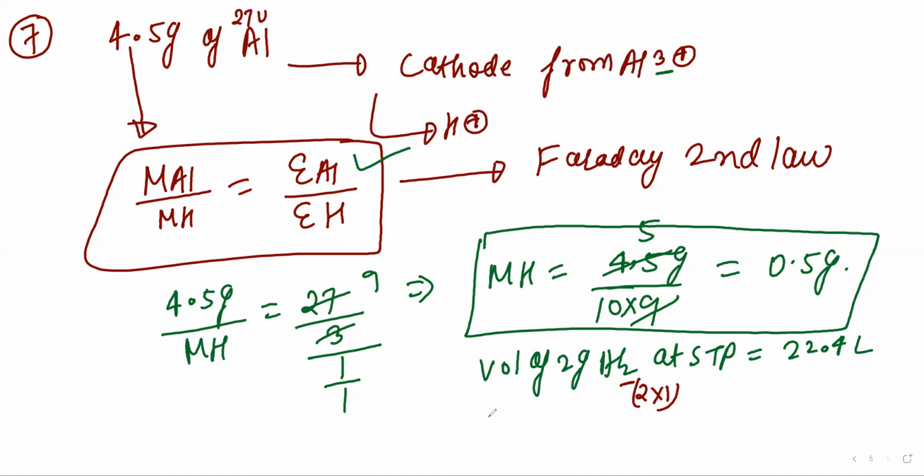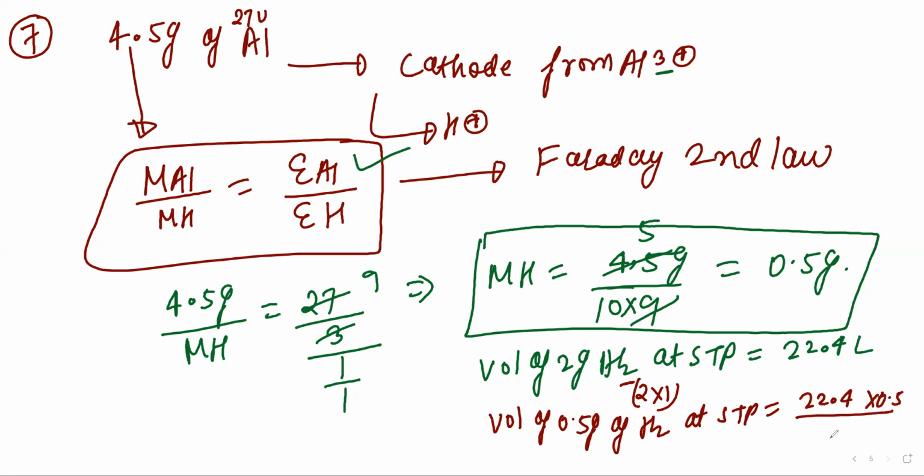Then for 0.5 gram, what will be the volume? So volume of 0.5 gram of hydrogen at STP is equal to 22.4 into 0.5 divided by 2. So the answer will be 5.6 liter.